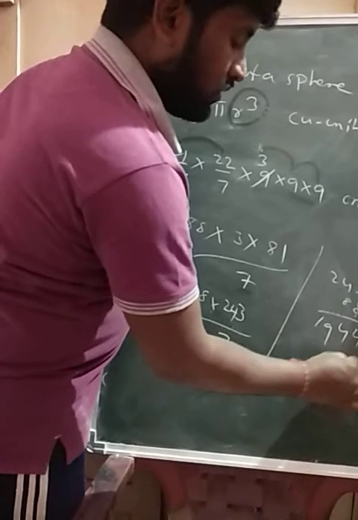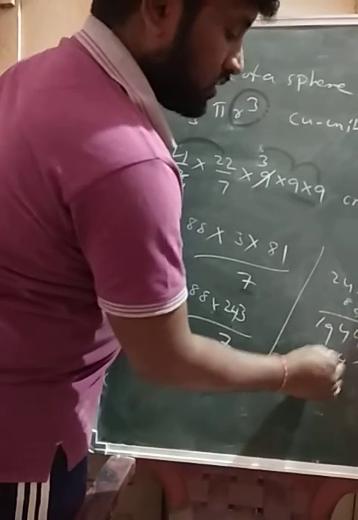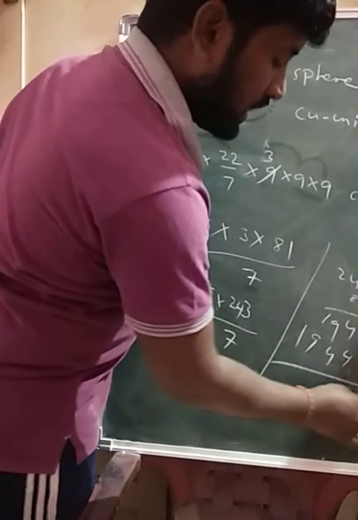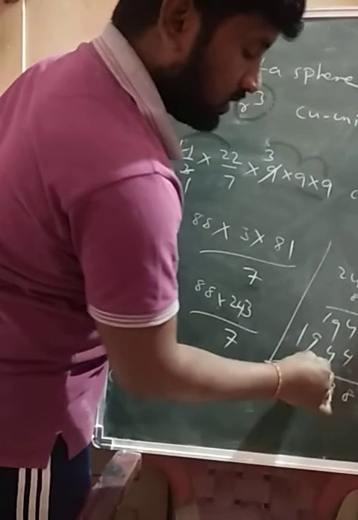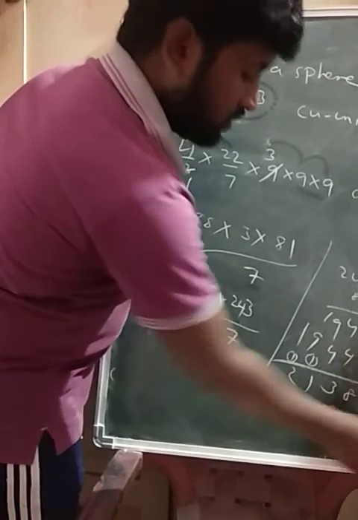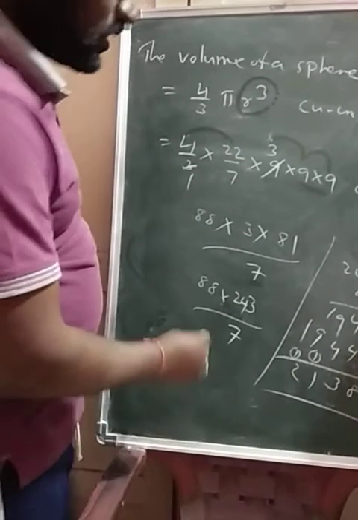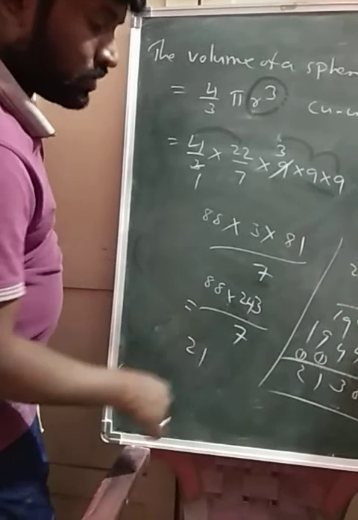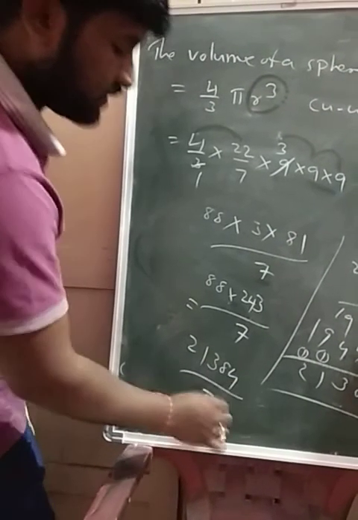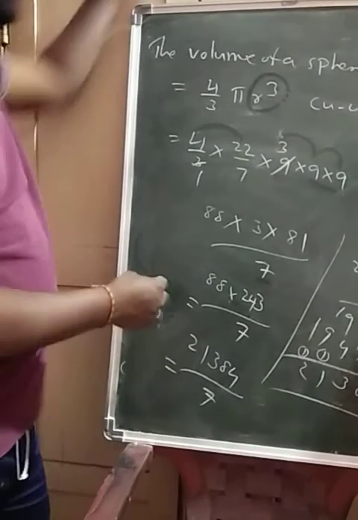That is 4 4 9 1. So 4 8 9 plus 4 13, 11. So we get 21,384 by 7. Okay, here the multiplication is done clearly.